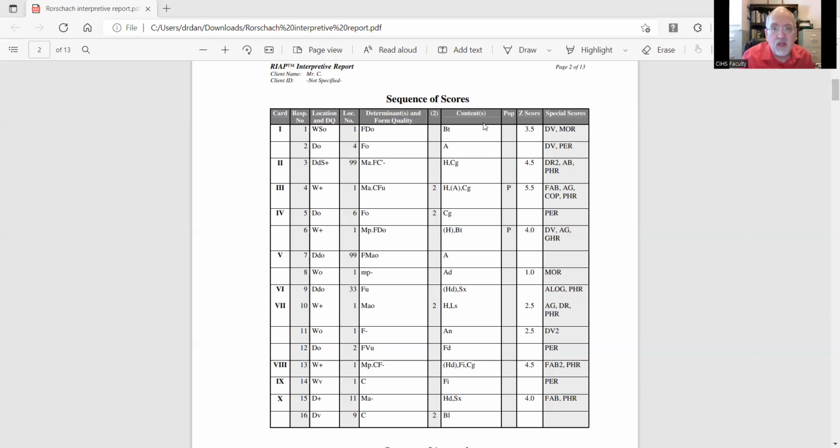BT is botany, plant life. So you're already starting to see here that the person saw some sort of plant life based on an ordinary response based on the form.